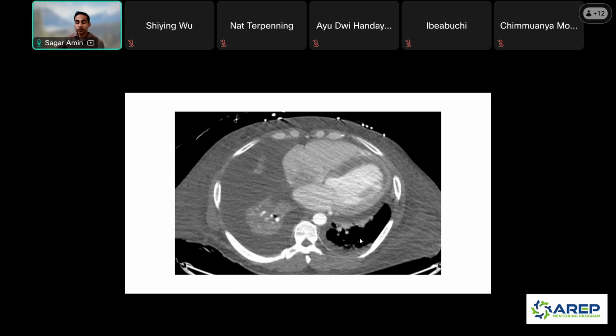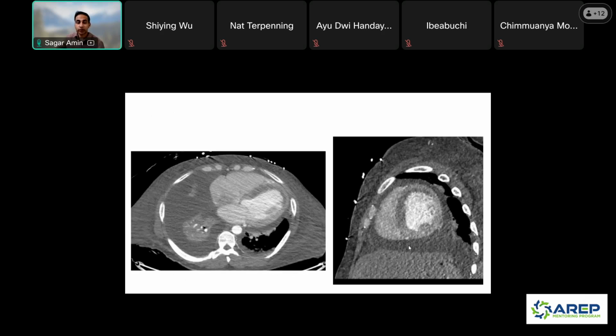So it wouldn't be unusual to think maybe they have ischemic cardiomyopathy that's resulted in the heart failure. And so here's a short axis view, and you can really see that low attenuation along the subendocardium. And this is in the territory of the LAD. So it's in a coronary artery distribution as well.